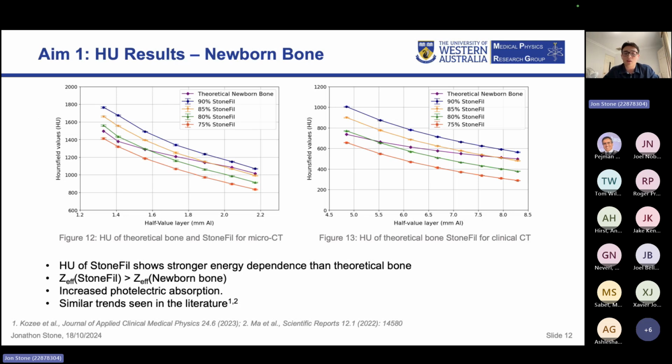The effective atomic number of stone fill is thought to be higher than that of newborn bone, because newborn bone has a higher oxygen content rather than calcium content, because of the higher amount of red bone marrow. So again, we see an increased photoelectric absorption, but we also see similar trends in the literature for our stone fill trends with energy.